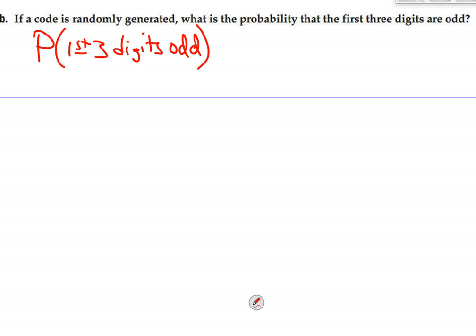So when I think about doing this, I want to think about the ways to select 3 odd digits, but how many digits am I choosing altogether? 7 digits, right? So what about those 4 digits? Those remainder 4 digits, can they be anything? Yes, they can be, right?